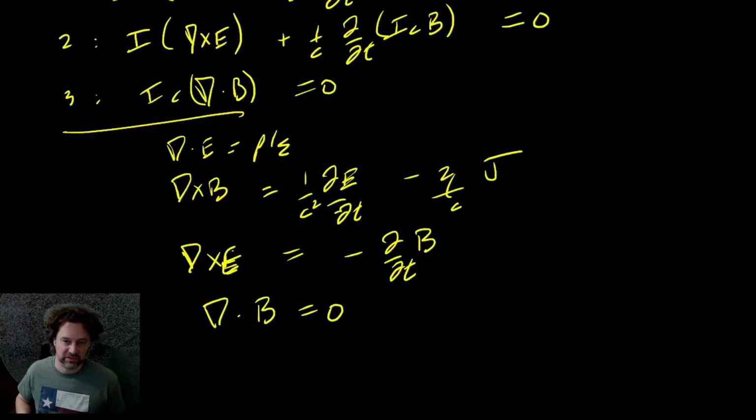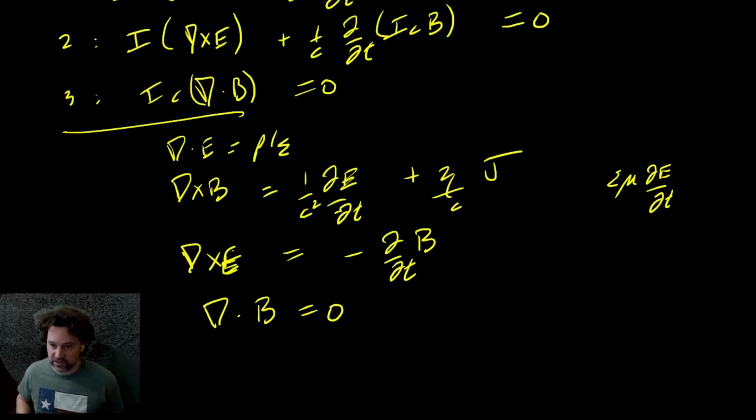So that is plus. Now originally we had a term epsilon mu dE/dt, but that is 1 over c squared dE/dt.